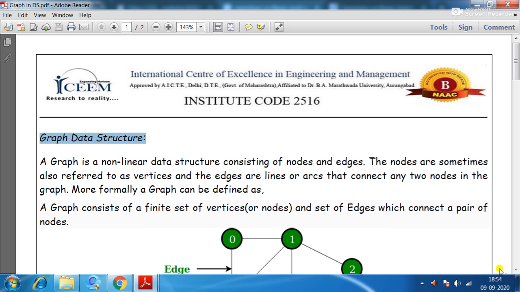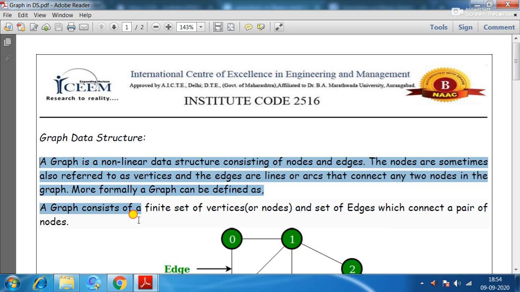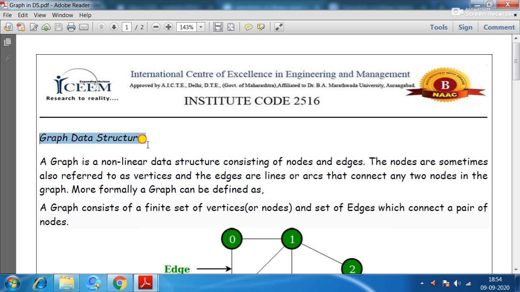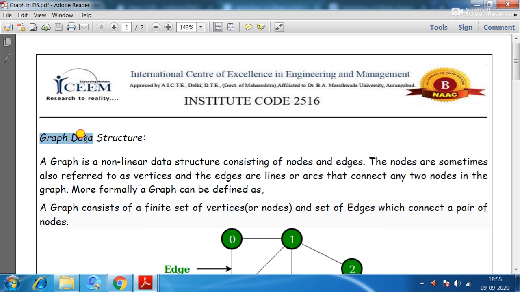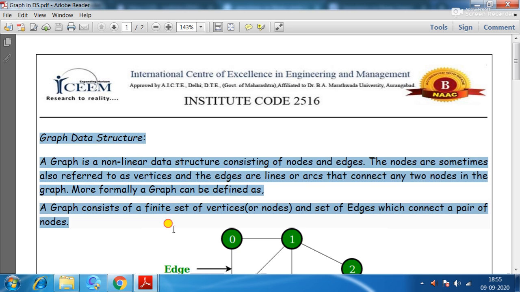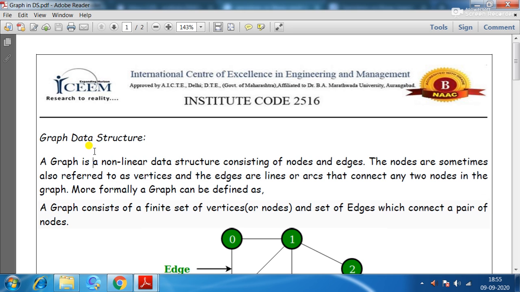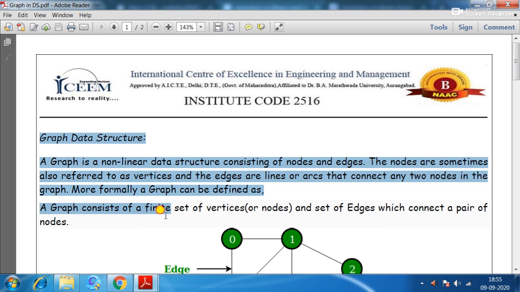In our previous videos we have discussed trees and types of data structures, and we have seen that data structures are classified into two major categories: primitive and non-primitive. In primitive data structures, we have seen that integer, float, character come under the category of primitive data structure.